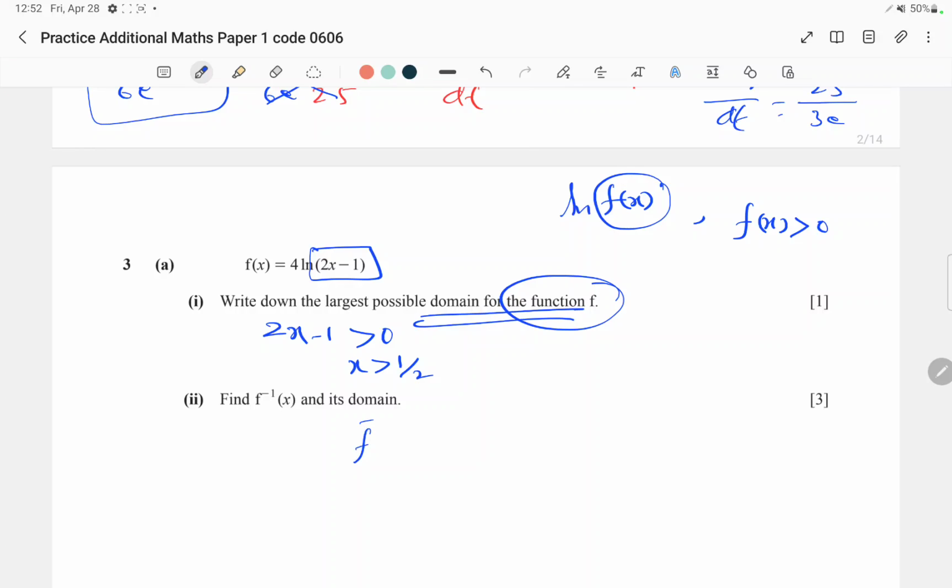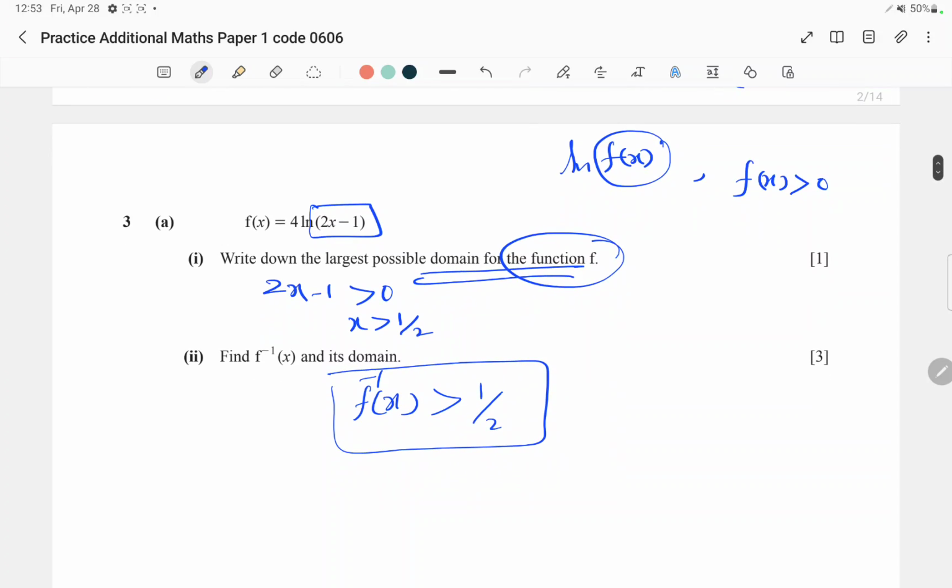Now when x is greater than half, it means the domain for f is greater than half. It means the range for f inverse x is also greater than half. Why? Because we need to find f inverse. So whenever you need to give f inverse, you have to give it some domain as well.